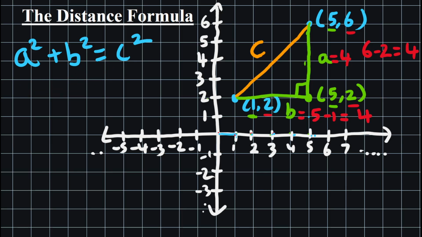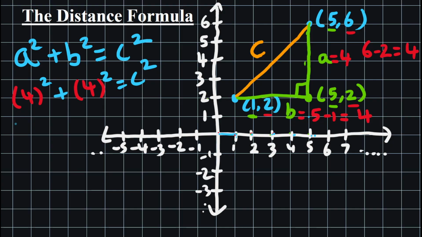So we know A and B. As we said, A is 4, so 4 squared, plus, and B is also 4, 4 squared, equals C squared. So let's go ahead and evaluate this.